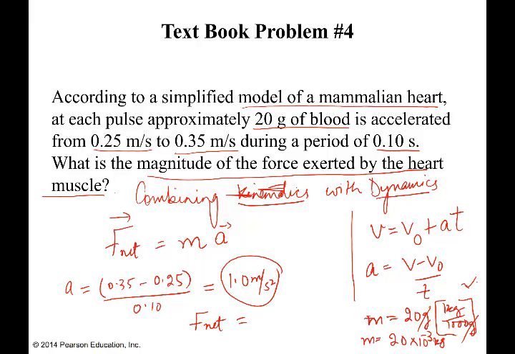But I leave the decision up to you how you're going to solve, as long as you know how to use the calculator. So mass is 20 grams, which is 20 times 10 to the power of minus 3 kgs, multiplied by acceleration, which is 1.0 meters per second squared. And together, kg meter per second squared will form a Newton.